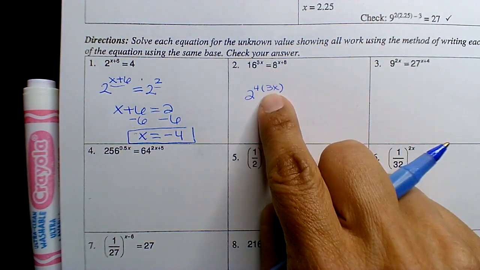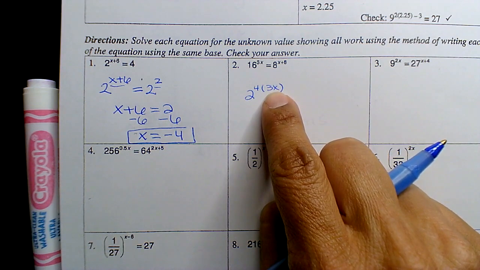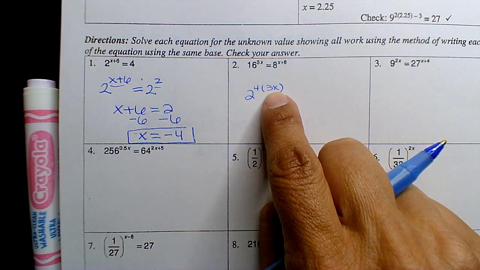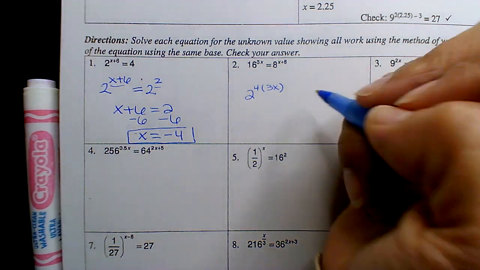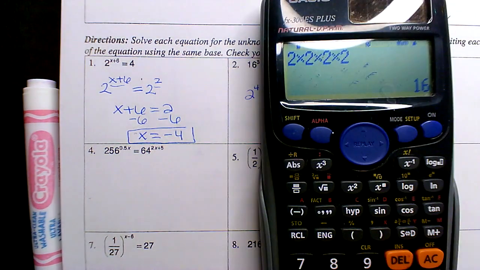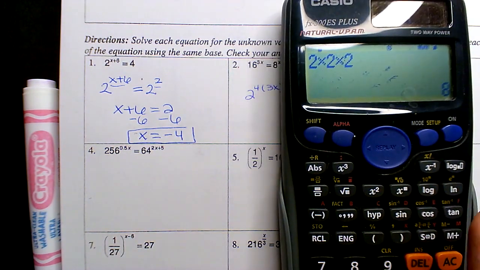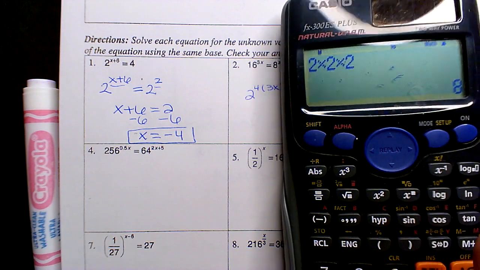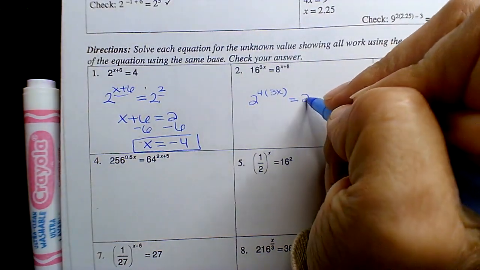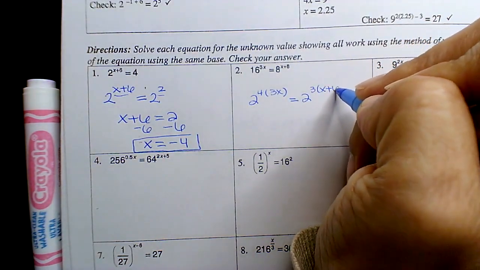It's up to you. Some of you just right away multiply it and give me 2 to the 12x, but we'll write it like this. And then 8 is, whoops, 8 is 2 to the 3rd. So 2 to the 3rd, x plus 6.